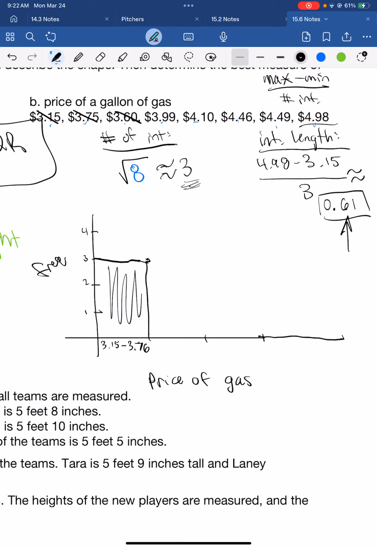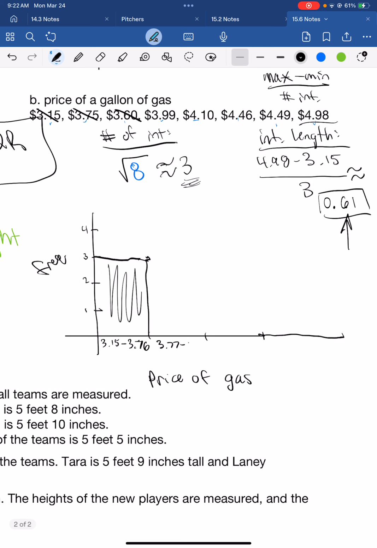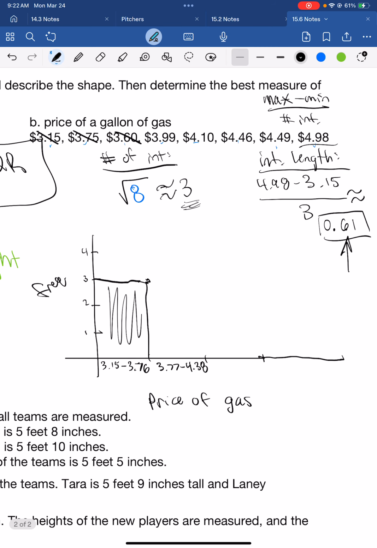And so now we're going to go from 3.77, and if we add 0.61 to that, we'll get 4.38. So we're looking between 3.77 and 4.38. So 3.77, there's 1, and then 4.38 would just be those two. And then the last one would be between $4.39 and $5.